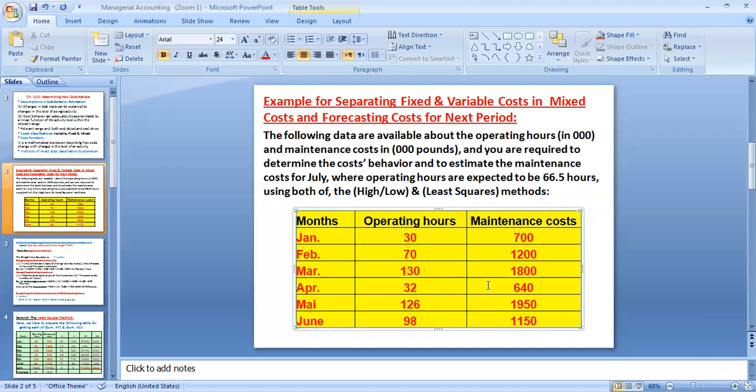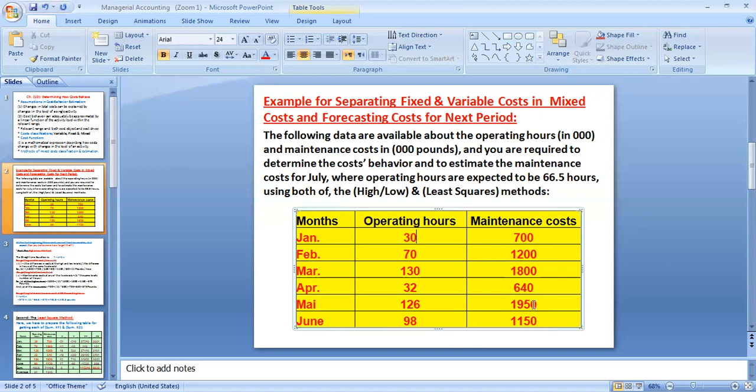So if you choose according to the maintenance cost, you will consider 640. This is the lowest cost, but it is not the lowest number of hours. The lowest number of hours is 30.